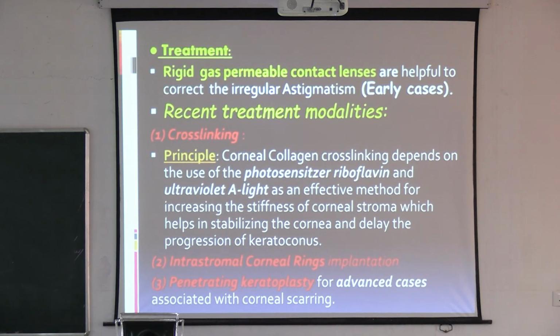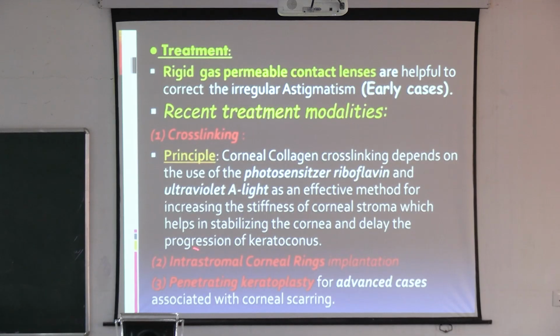Treatment: rigid gas permeable contact lenses are given to prevent and correct the irregular astigmatism. But in recent cases there are no other treatment modalities, and cross linking is also not very useful.